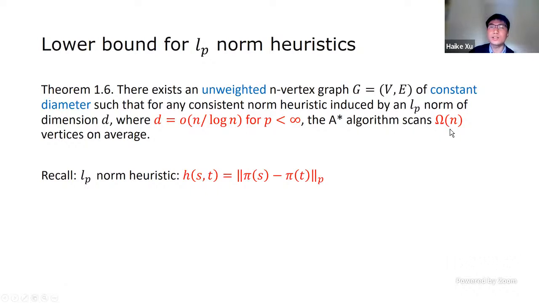We can construct such a hard instance to let A* suffer from this high complexity. Here, LP norm heuristics cover the commonly used Manhattan norm and Euclidean norm. And this result says that in our instance, A*'s performance is no better than the trivial Dijkstra.